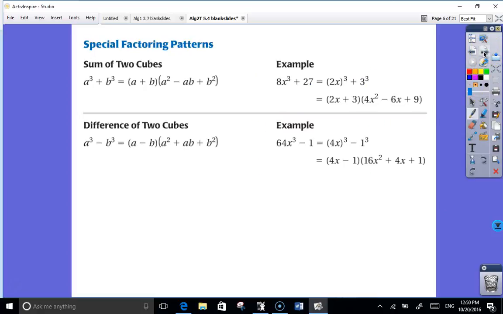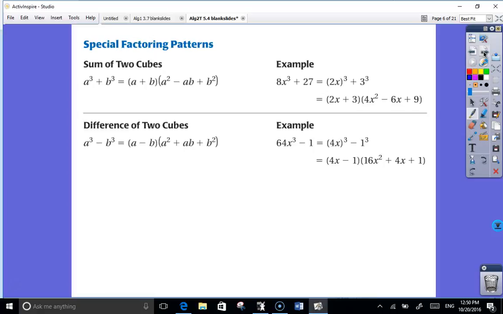Then we get to the sum and difference of cubes, or what they call the sum and difference of 2 cubes. Usually on the SOL, there are 2 or 3 questions that deal with this. And a lot of times you can solve them just by pattern recognition.